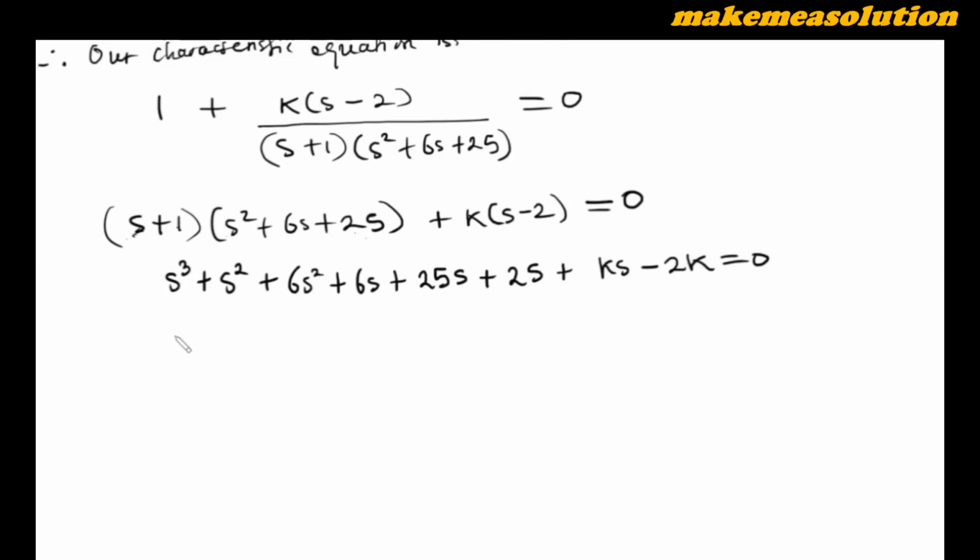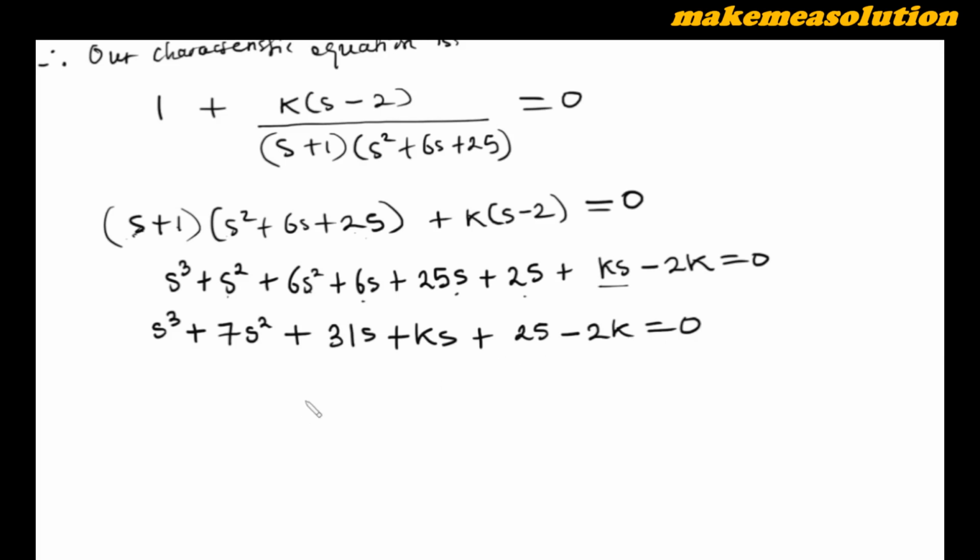So we're going to collect the like terms. I'll have s cubed, then plus this and this will give you 7s squared, then plus this and this is going to give you 31s. Then if you collect this term together with it, you're going to have ks, then plus 25, then minus 2k equal to 0.